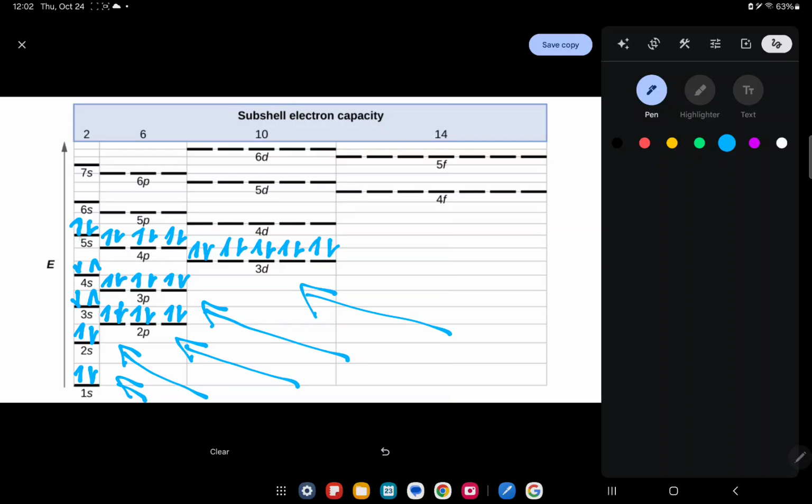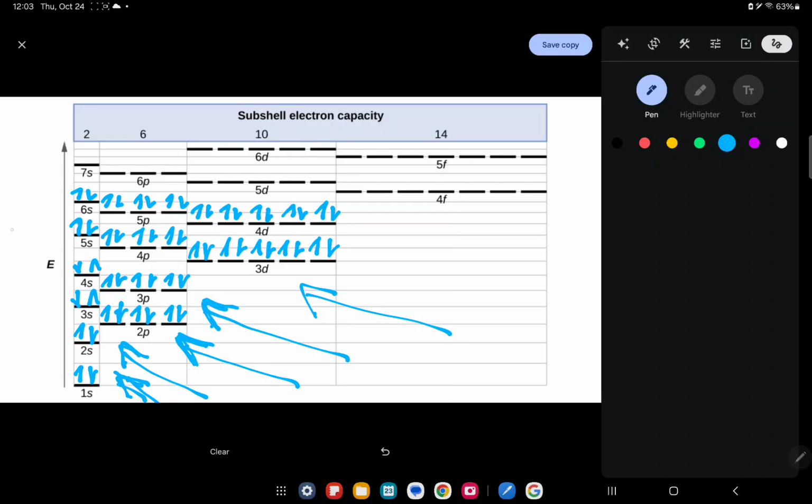Then, since this one's filled, the next energy level is going to be the 4d. Then 5p. Then 6s. So, as long as you can remember this diagonal pattern, it's pretty straightforward.